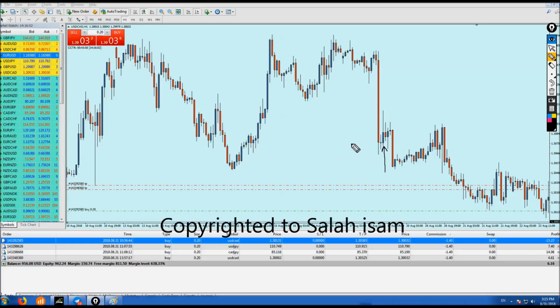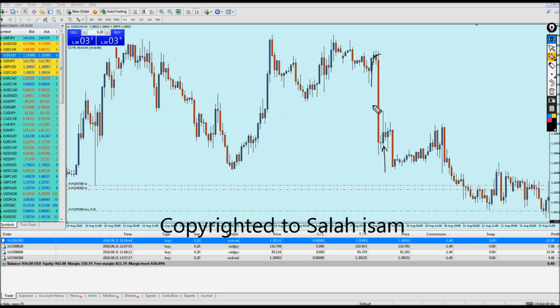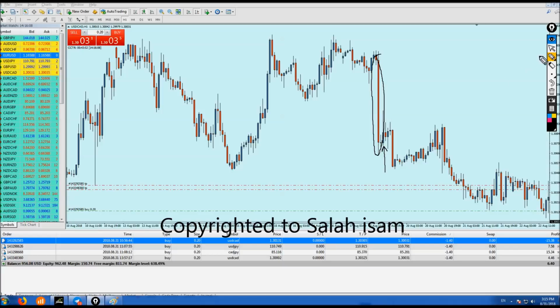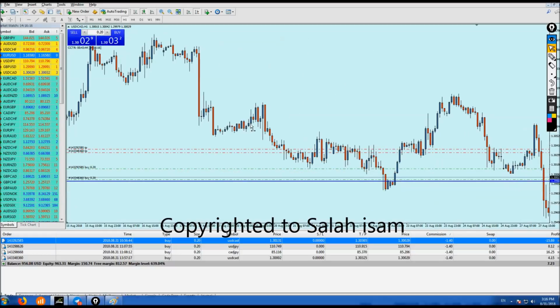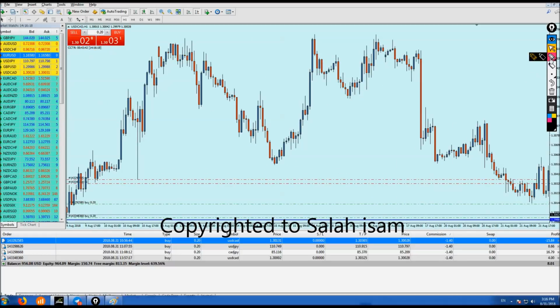So what happened? What happened is there is no way this market is going up after this strong bearish candle. Now the market is actually on a downtrend, and you have to be logical with your entry. Therefore, placing a buy here just blindly because of this price action doesn't make any sense. This price action is just an indicator.